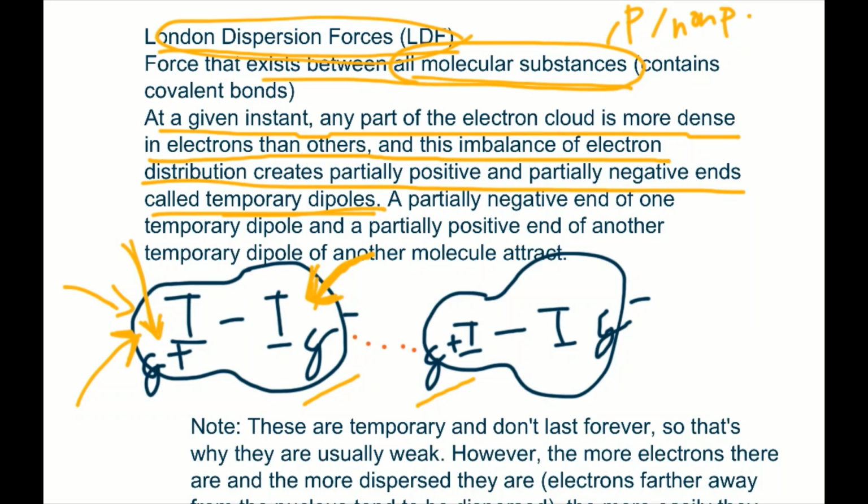And if you remember, negative charges and positive charges attract each other. So as a result, these two molecules will attract each other. This red dotted line just represents an intermolecular force being created between the two, and this intermolecular force keeps these two molecules together.